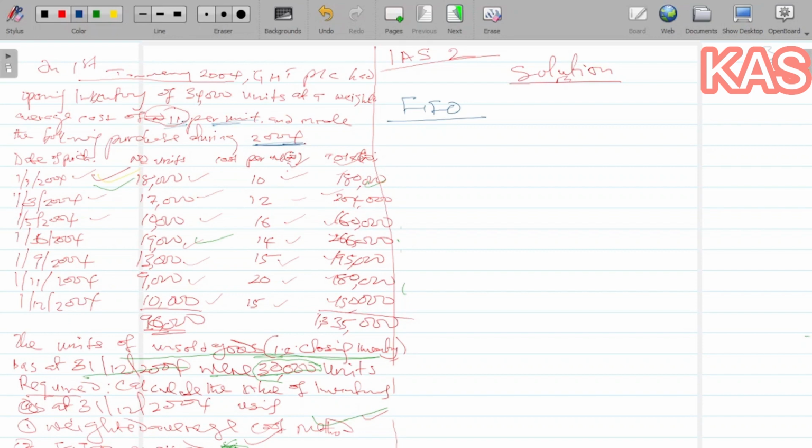This is the date, this is the number of units, this is the cost per unit, this is the total. So let's go to the additional information.